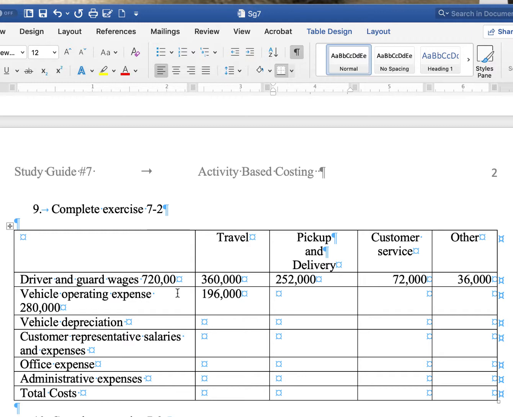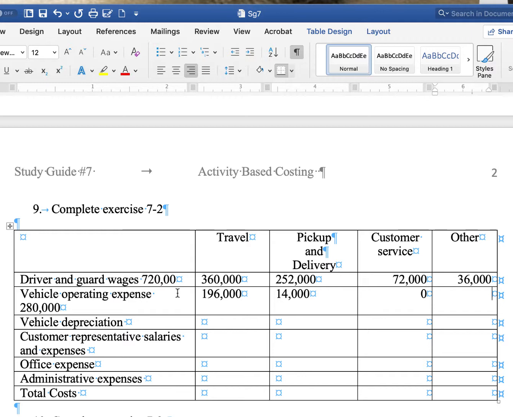I do the same thing with pickup and delivery. The cost pool of pickup and delivery consumes 5% of the vehicle operating expenses. So again, 280,000 times 5% gives me 14,000. Customer service consumes 0 of vehicle operating expenses.